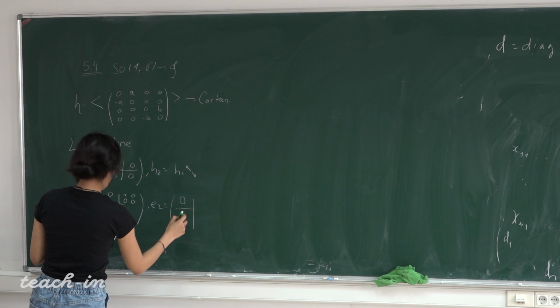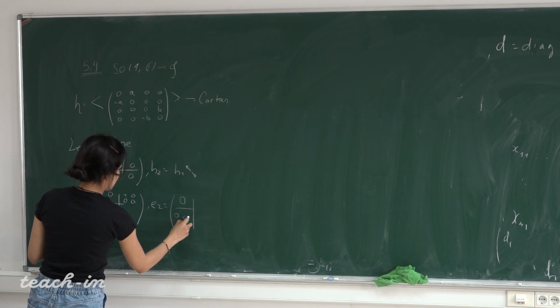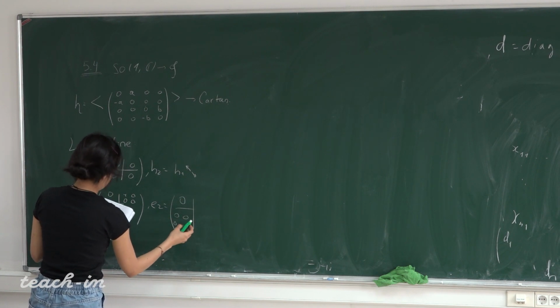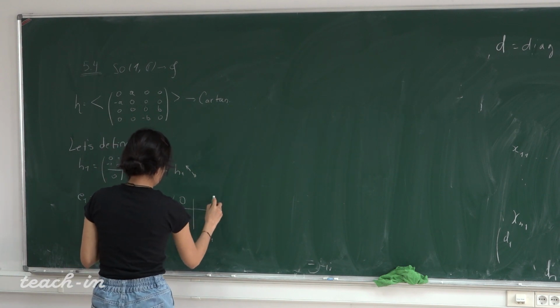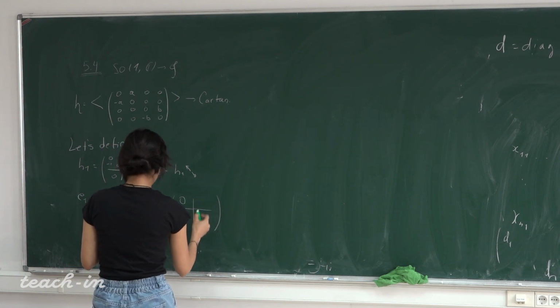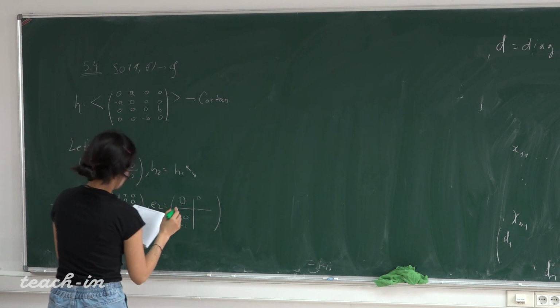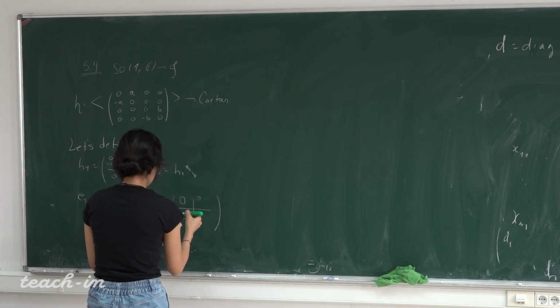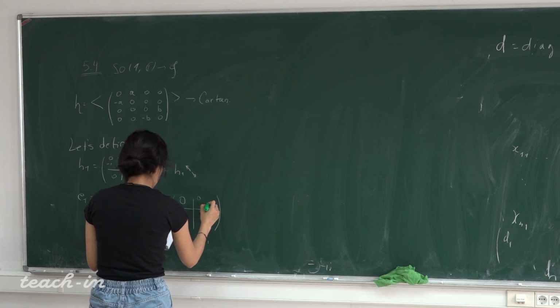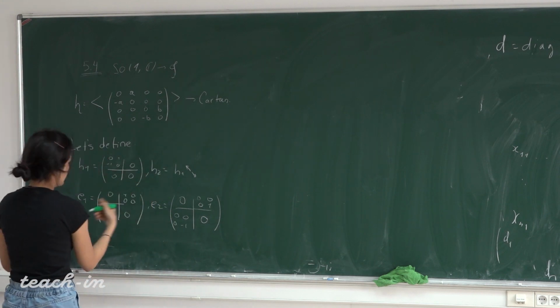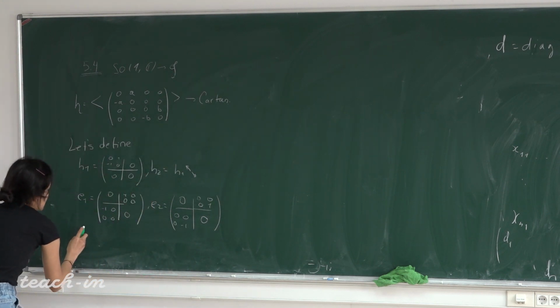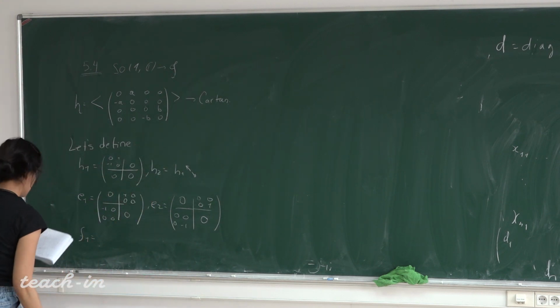So now you are just writing the common eigenbasis for H, thus proving that it is toral. I will explain my idea. This is E1, E2, and then it remains to write F1 and F2.